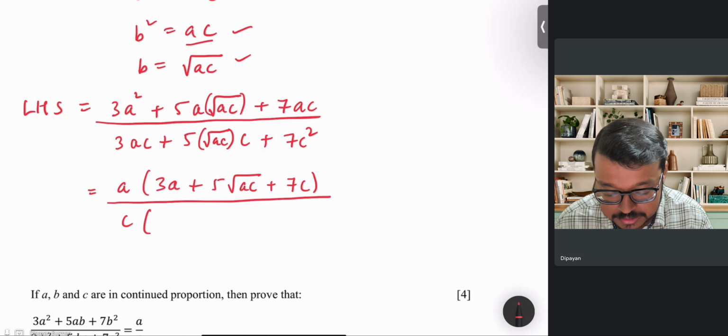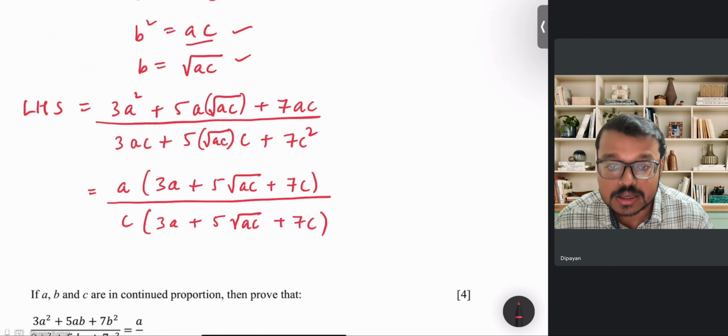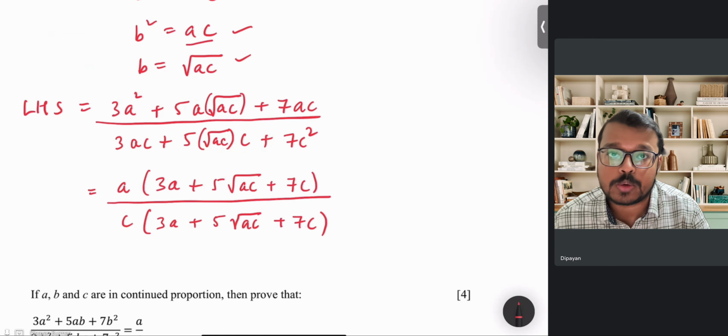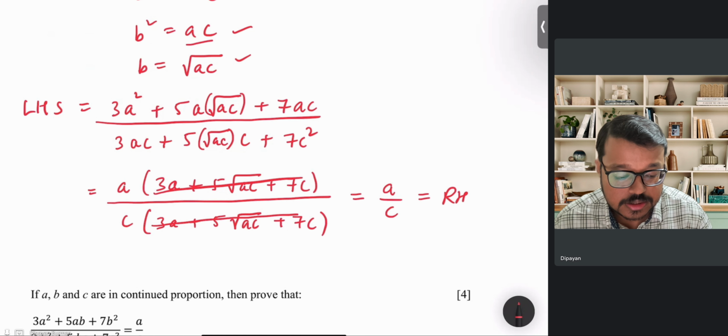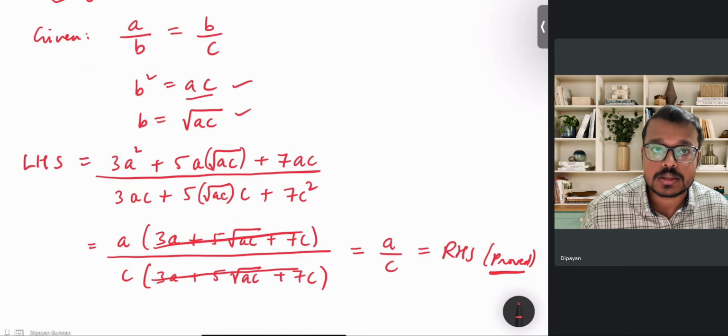Then I will get again 3A plus 5 root AC plus 7C. So luckily these two expressions in the numerator and denominator are equal and I can cancel both of them. So this will be equal to A by C, which was the RHS. So this is equal to RHS, hence proved. So this is one solution, one method.